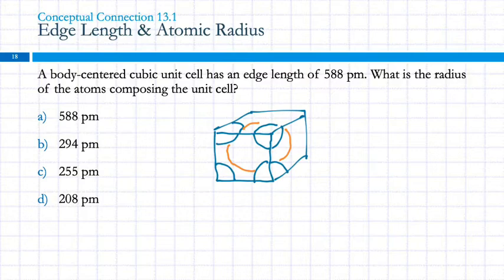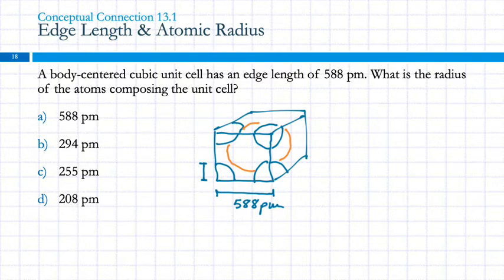And it's telling us that this edge length is 588. And it's asking, what's the radius? Because of this one in the middle, the guys at the corner don't actually touch like they do for the simple cubic unit cell. And so 588 must be larger than 2 times the radius, right?